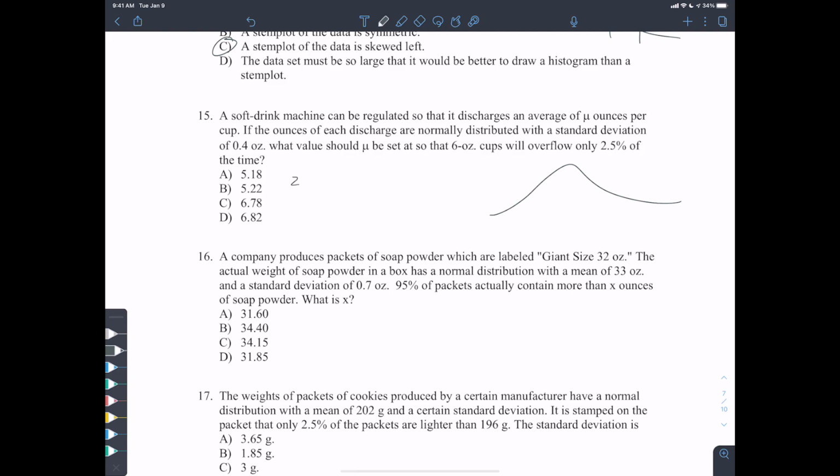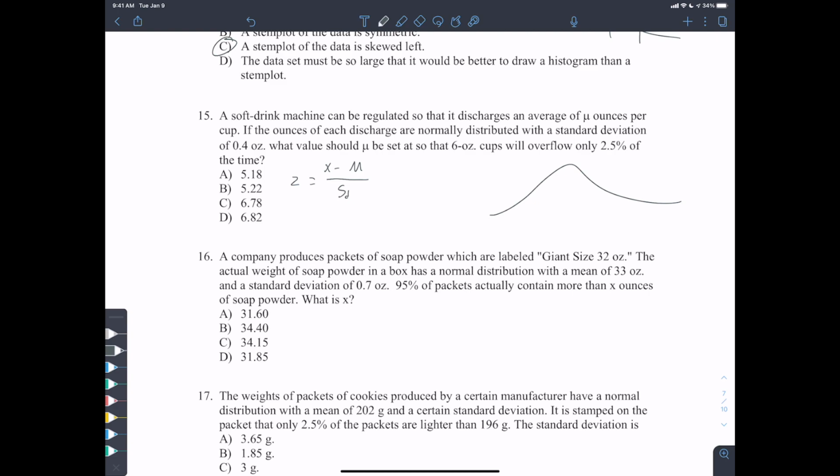So the z formula is just z equals x minus your mean over your standard deviation. You're going to plug in a value of 6, not for your mean, but that is going to be the value that you want to find, where 2.5% of the things will be over. I didn't explain that very well, but basically here's how you're going to set this problem up.